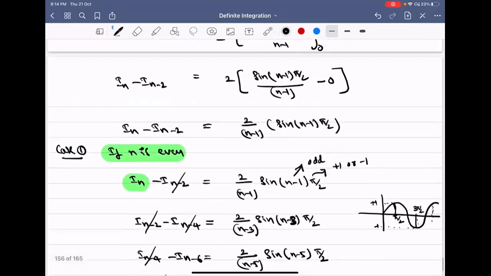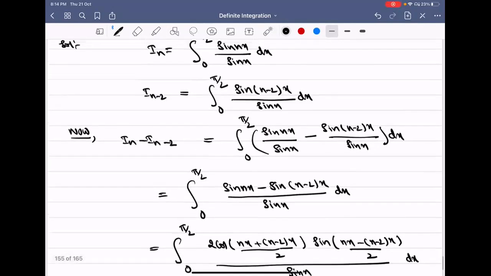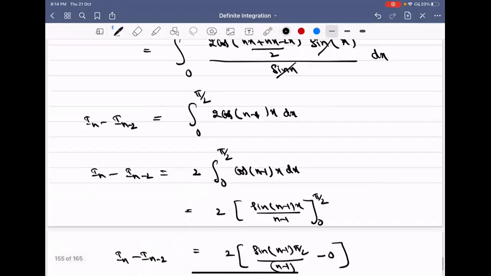So what is I_0? See, I_n is equal to the integration from 0 to pi of sine nx by sine x. I_0 will be in place of n, if you substitute 0, then this becomes sine 0, which is 0. Therefore all the values will be 0. Therefore I_0 is equal to 0 only.